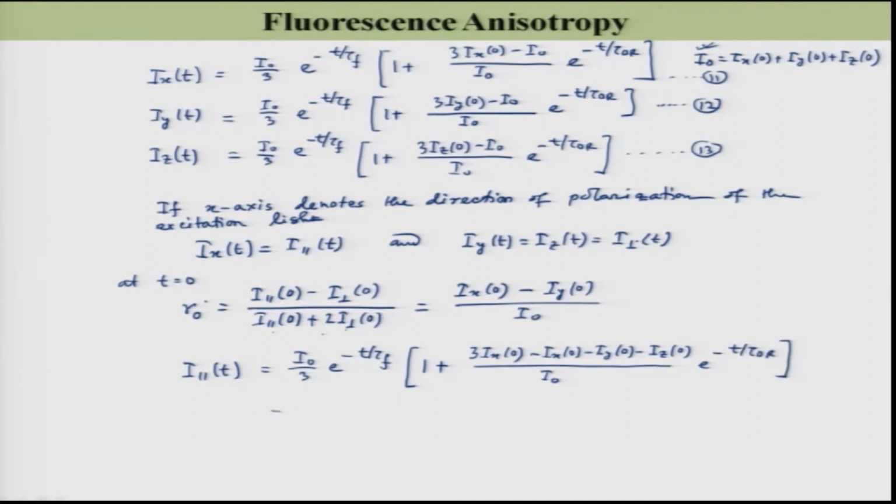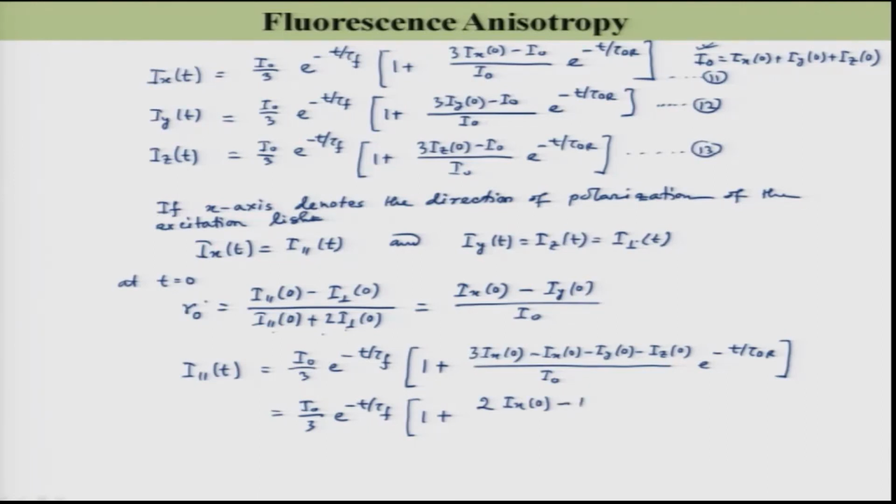So, this is equal to I 0 by 3 e to the power minus t by tau f. Here you see it will cancel, so one I 0 and this I 0 will cancel, so 2 I 0 remains. So, here it is 1 plus 2 times I x 0 minus I y 0 and I z 0, but they are the same, right.